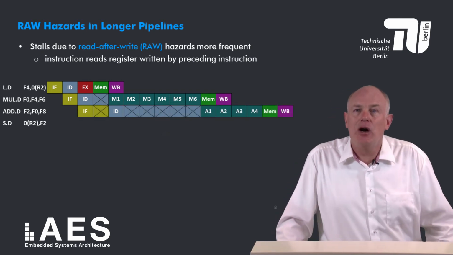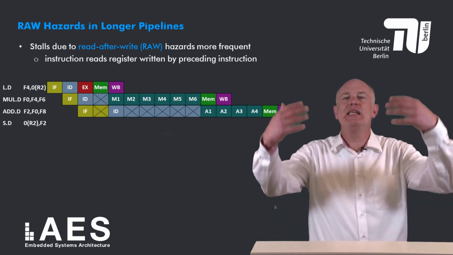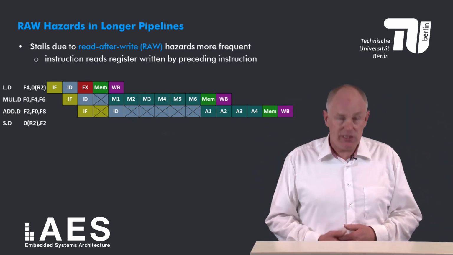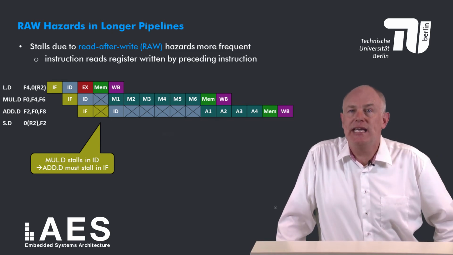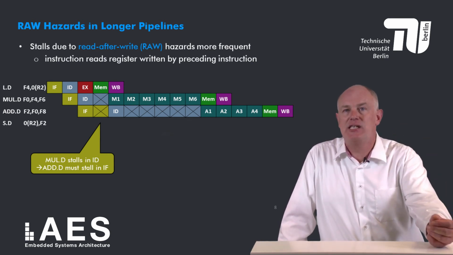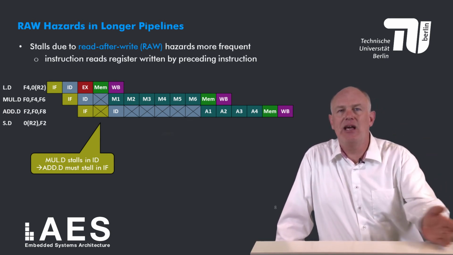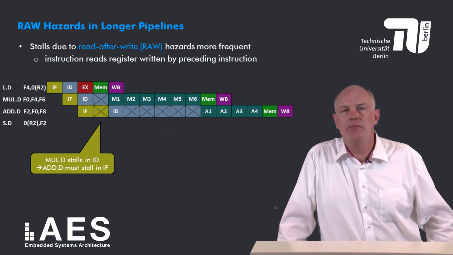Then the add double executes like this. It can be seen that it incurs many stall cycles, 6 to be precise. First, because the multiply stalls in its decode stage, the add needs to stall in its instruction fetch stage, since at any time there can be only one instruction in its instruction decode stage.